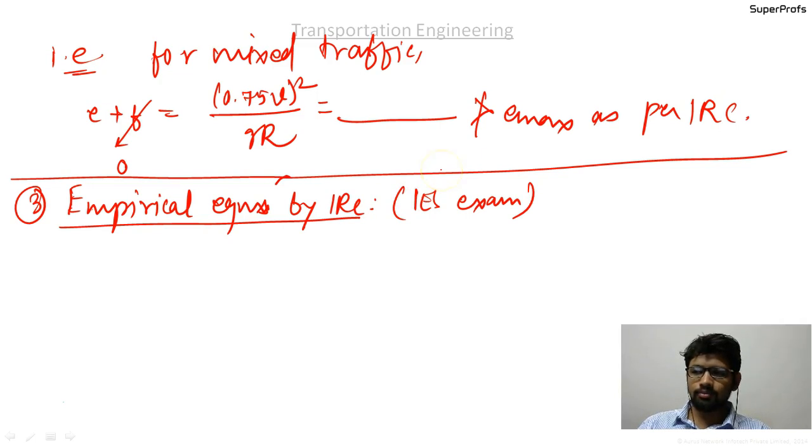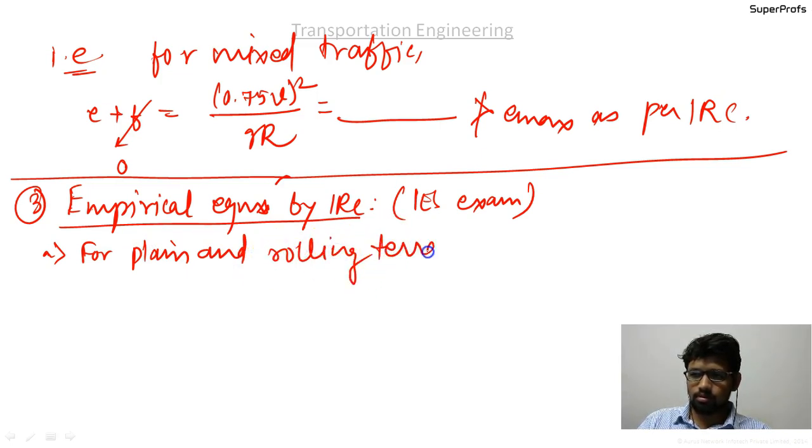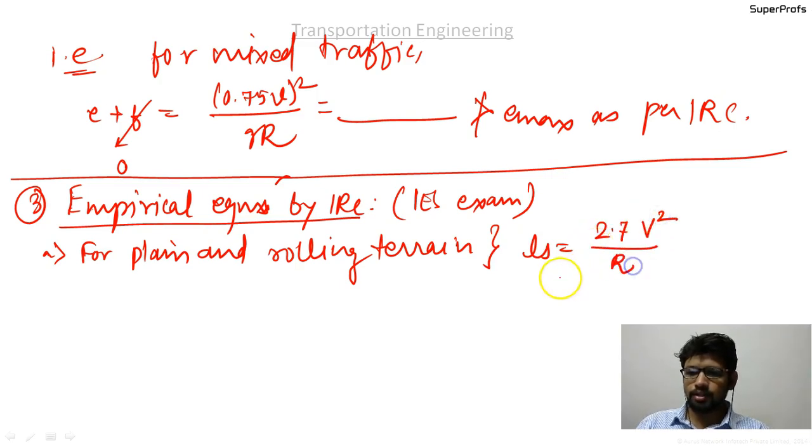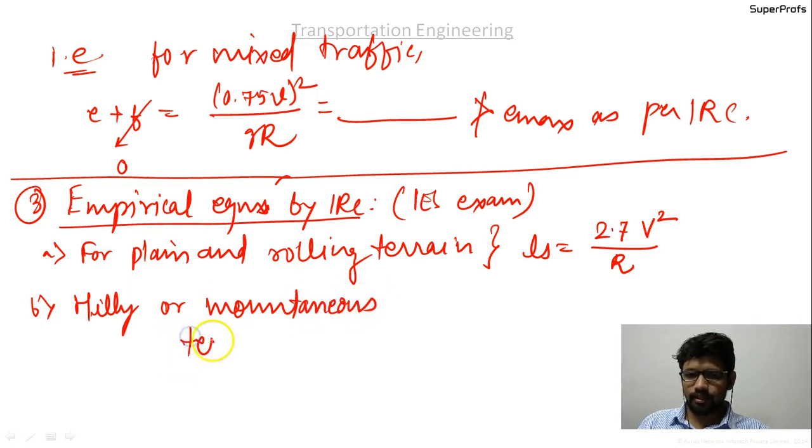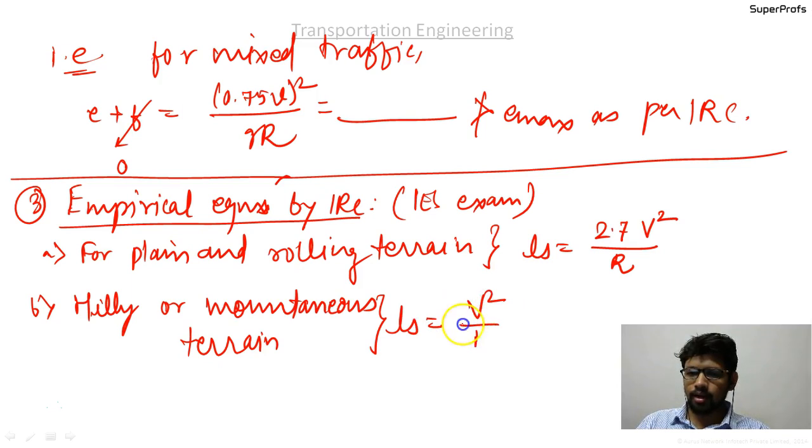So for plane and rolling terrain, Ls equal to 2.7 V square by R, and for hilly or mountainous terrain, length of the transition curve is equal to V square by R, and all the symbols have the usual meanings.